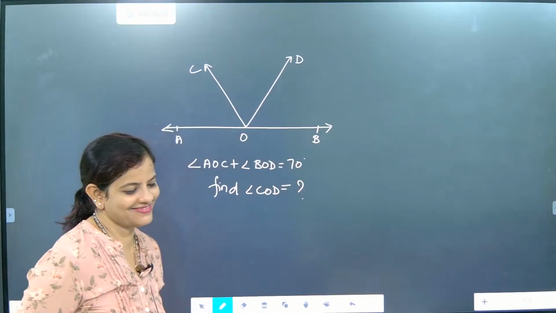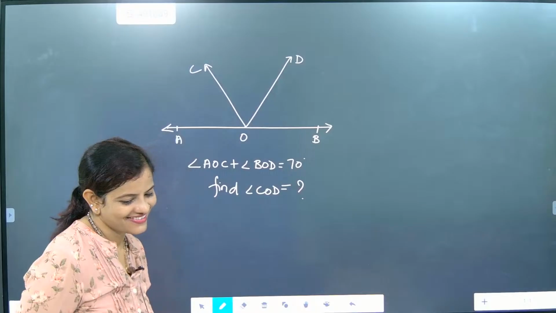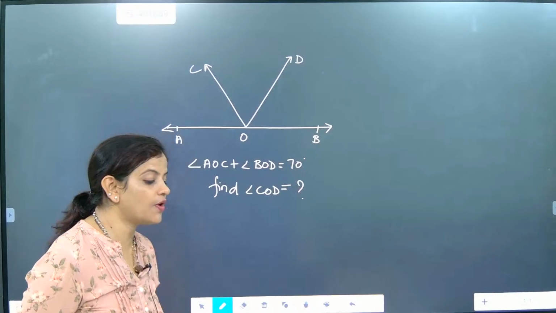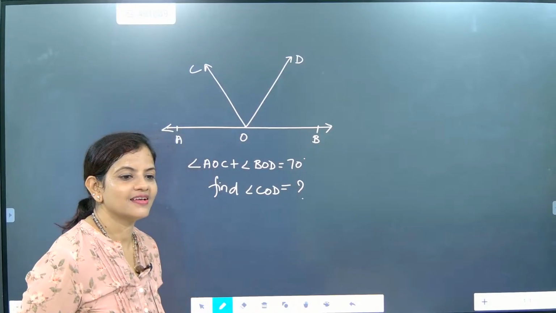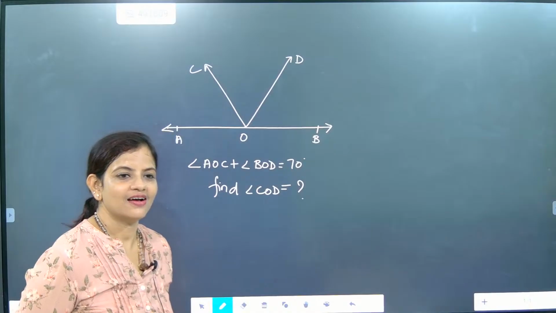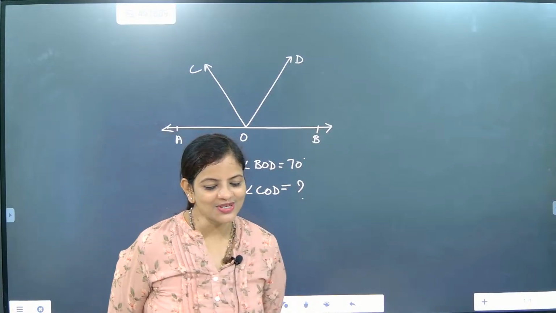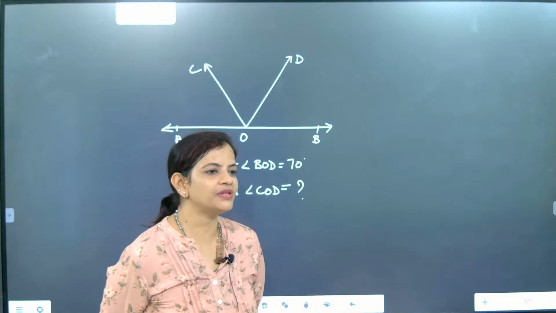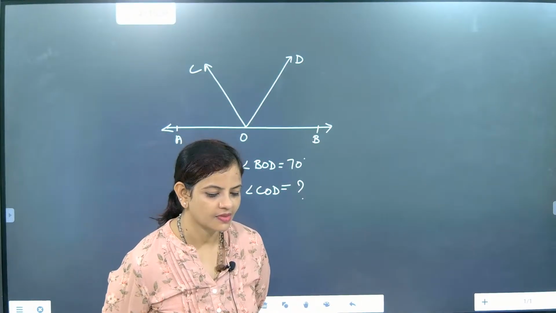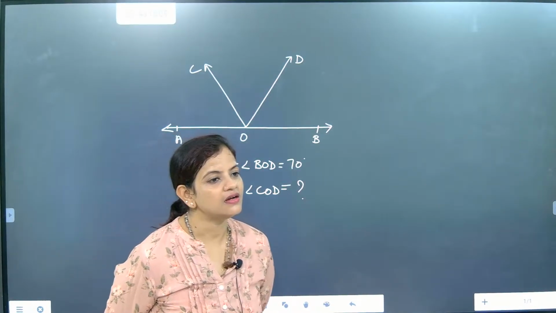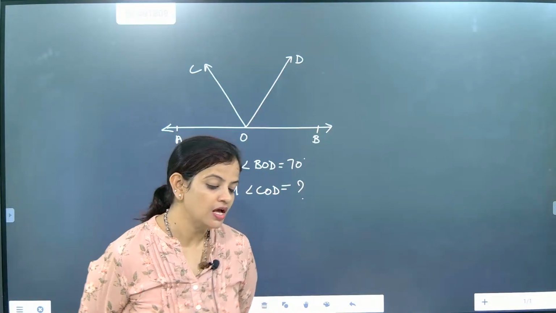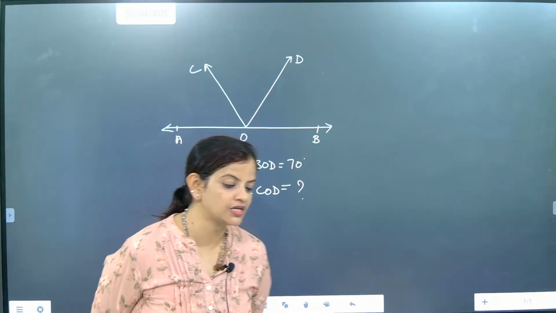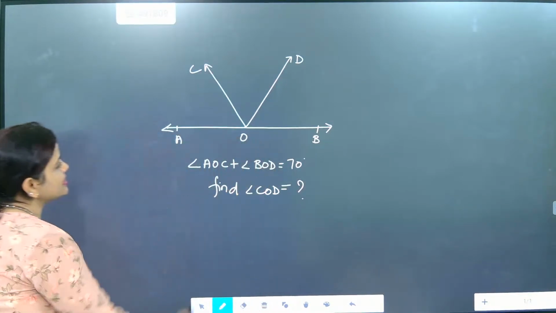Ganesh? Yes, ma'am. Without solving, Vishwajit has given the answer 110 degree. Tell me the answer, please. 110? Okay, now Anvi, Vishwajit, and Arunisha, three have given 110 degree. See, it's easy.